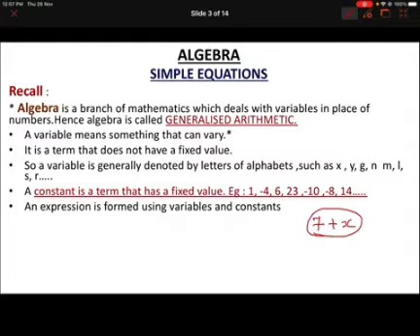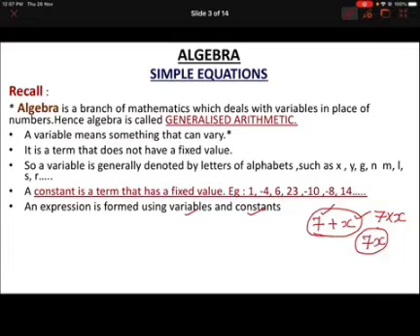In this expression, 7 is a term, x is a term. I can also write this as 7x. 7x is different from 7 plus x because whenever we write 7x, we mean 7 into x. So, any number of expressions can be formed using variables and constants.